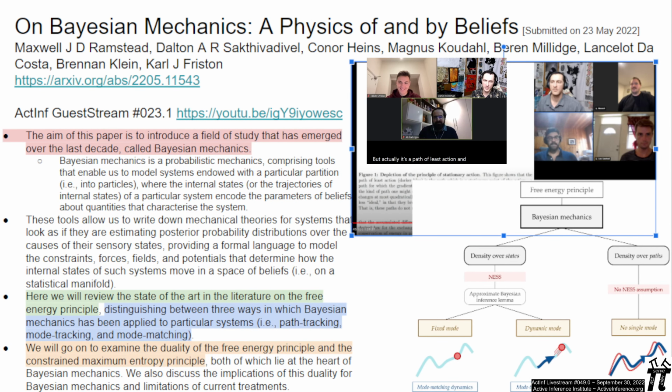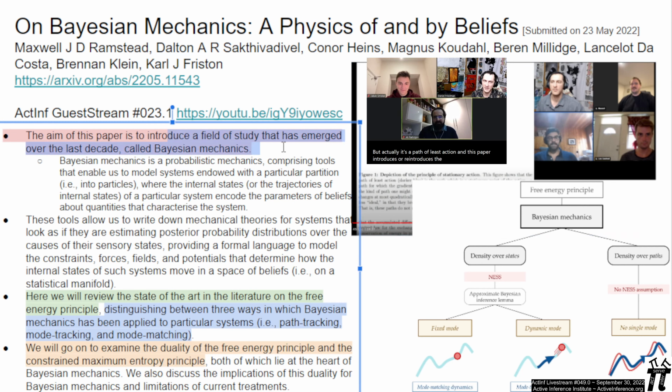And this paper introduces or reintroduces a field of study that has emerged over the last decade called Bayesian mechanics. And it's that reintroduction, like, nice to meet you again for the first time, which is why Maxwell called the stream that we did rebooting the free energy principle literature. The paper is extremely accessible and engagingly written.